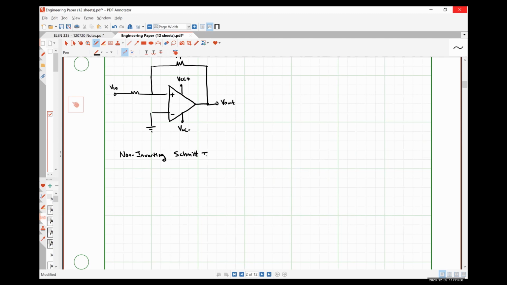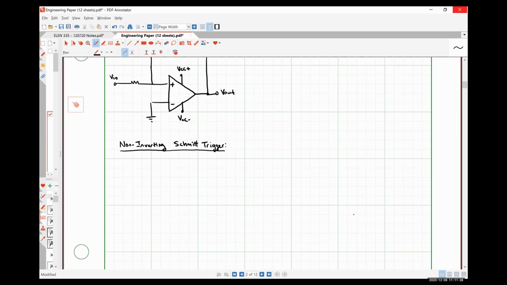And it is nothing more than a glorified comparator. So it's a comparator with slightly better functionality. The circuit is going to look pretty much exactly like the one I've drawn up top here.